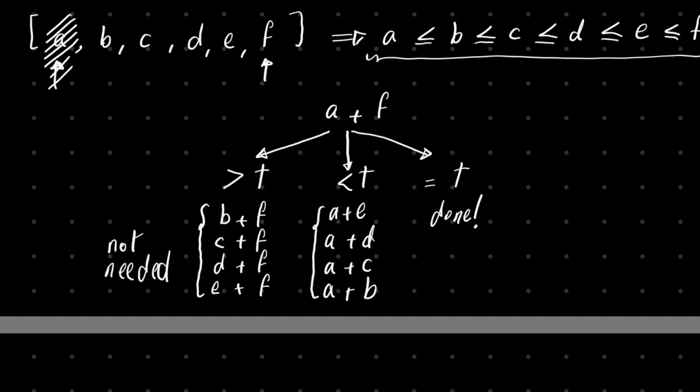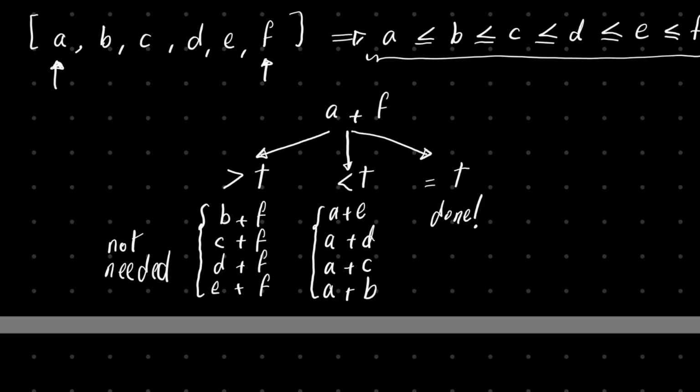But let me go back. What if A plus F is less than T? Basically, you're repeating the same problem as if F does not exist in the first place. So you're repeating the same problem from A all the way to E. Okay? And you keep repeating the same problem over and over. So you either eliminate someone from the left or somebody from the right, and you keep trimming the list.